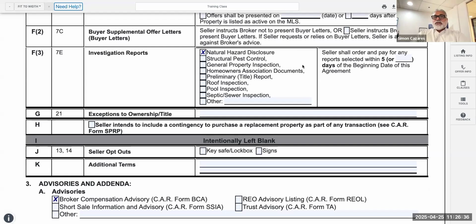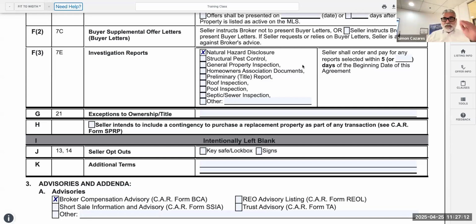Not that the seller has to do any pre-inspections, but it's also important to know that, hey, if I haven't lived in the property for many, many years, a thorough inspection of the property will give me a generalized idea of what issues the buyer may come up with, because they're going to do their own inspections. And this is a good way to present this, because now the seller knows some of the issues with the property, and now they can either fix them before they even go live on the market, or at least disclose that this is not working, and the property is being sold in its as-is condition.